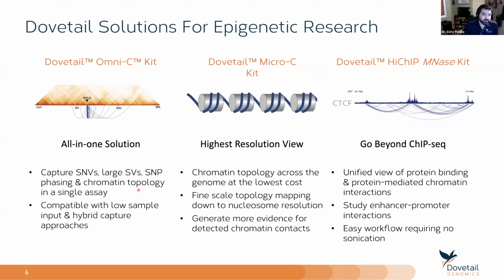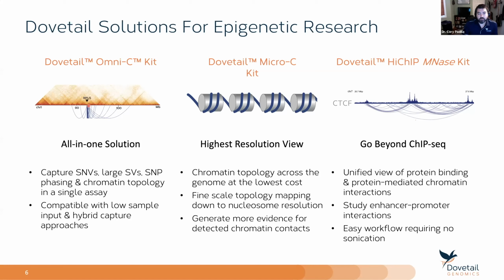Now, if you're only interested in a single region, this is actually very compatible with hybrid capture. So if you're interested in, say, oncogenes, you can get an oncogene hybrid capture panel and throw it at one of these libraries and ask what are the interactions that are associated with your gene of interest.